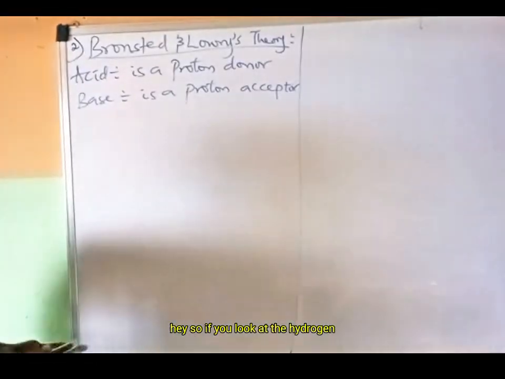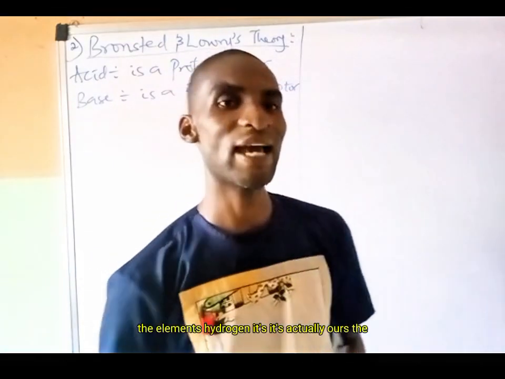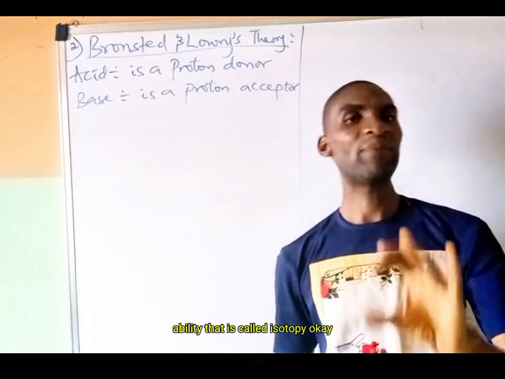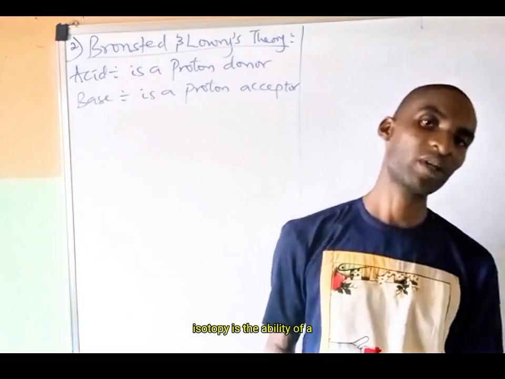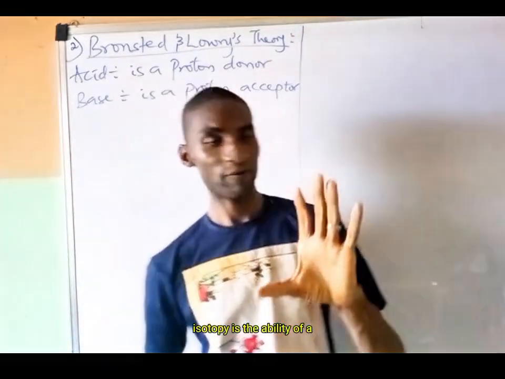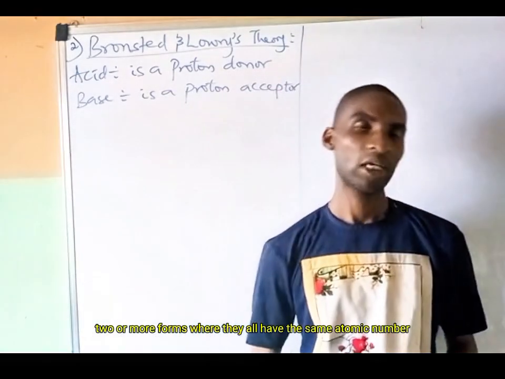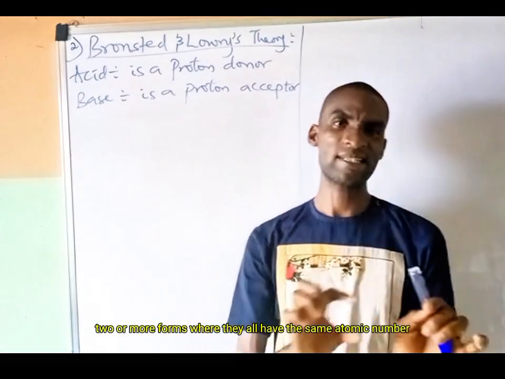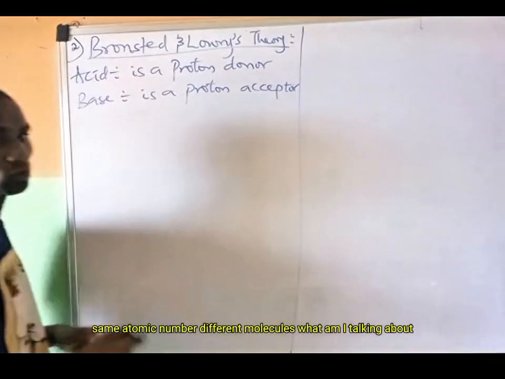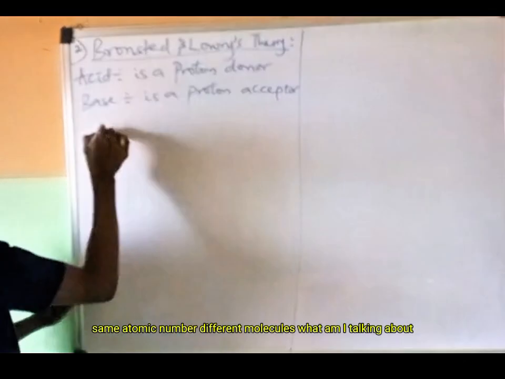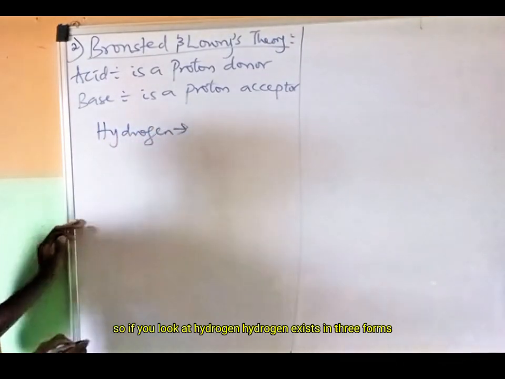If you look at the element hydrogen, it actually has the ability that is called isotopy. Isotopy is the ability of an element to exist in more than one form, two or more forms, where they all have the same atomic number but different mass numbers. Same atomic number, different mass number. What am I talking about? So if you look at hydrogen, hydrogen exists in 3 forms.